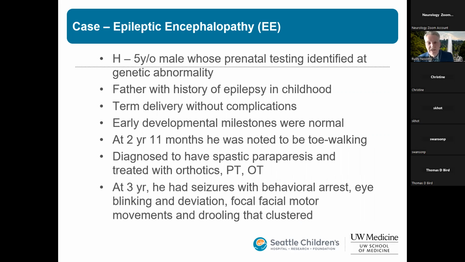His father had a history of epilepsy in childhood. He had a term delivery without complications, and early developmental milestones were normal. At almost 3 years of age, he was noted to have some toe walking. He was diagnosed to have a mild spastic paraparesis and had some therapies. At age 3, he had his first seizure with behavioral arrest, eye blinking, and very focal facial motor movements with drooling.